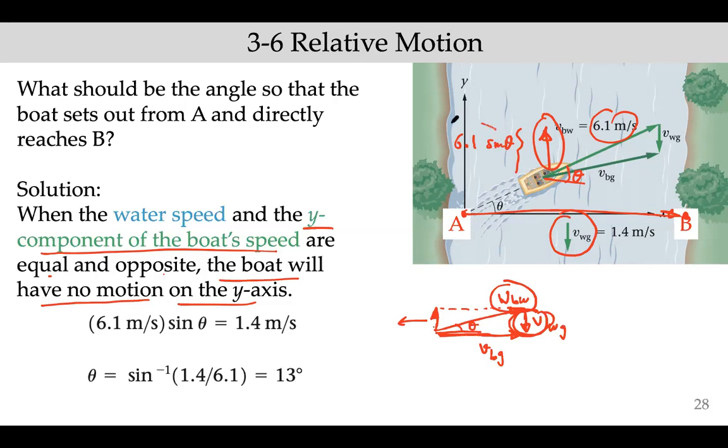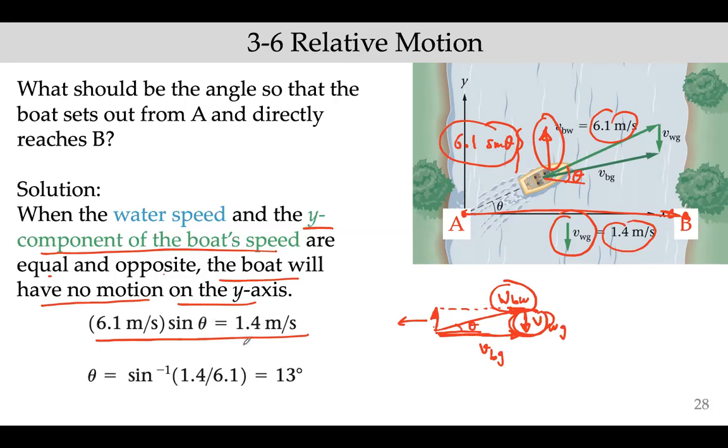If 6.1 sine theta, that magnitude, is equal to 1.4, which is written here, then the condition will be satisfied and there will be no motion in y, so the boat will go from A to B horizontally.